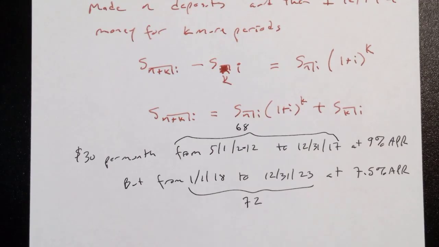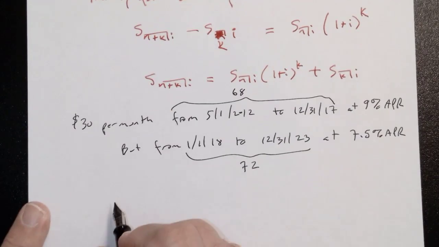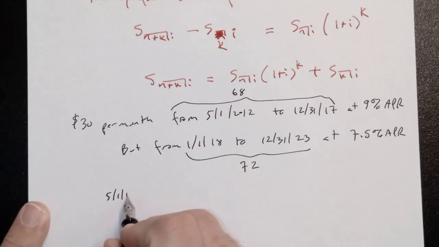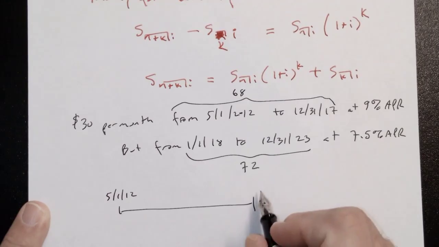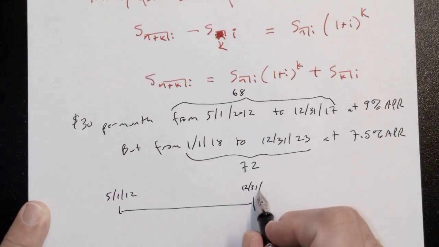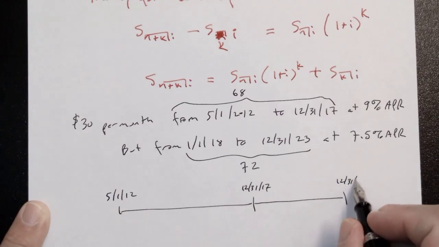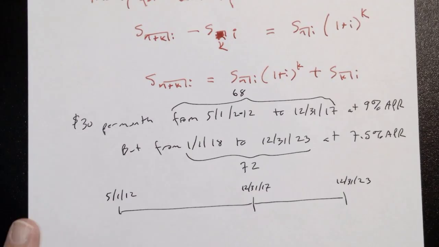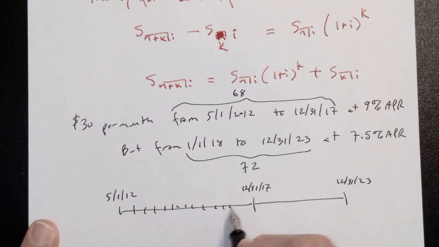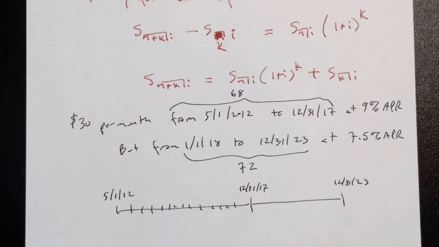So let's think about this as two sequences of payments. The first annuity is at 9%. But then that money stays in the bank to here. This is the part that has the regular deposits. This part doesn't. This part is at 9%.